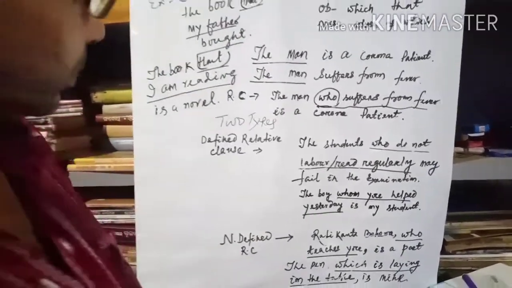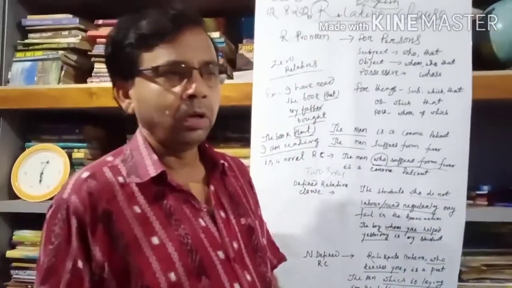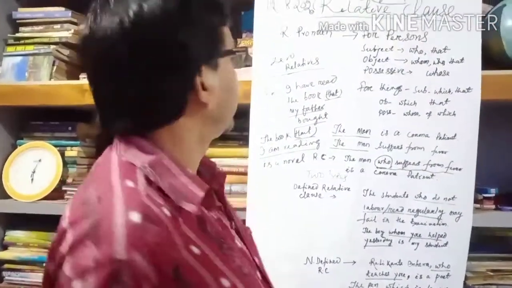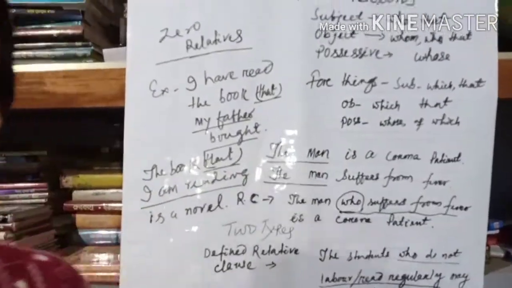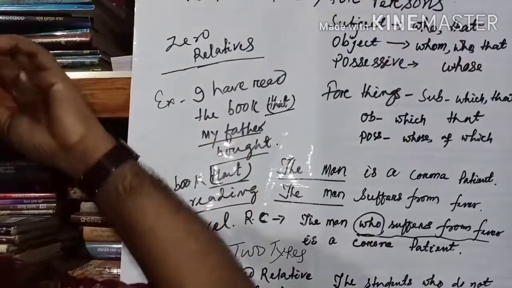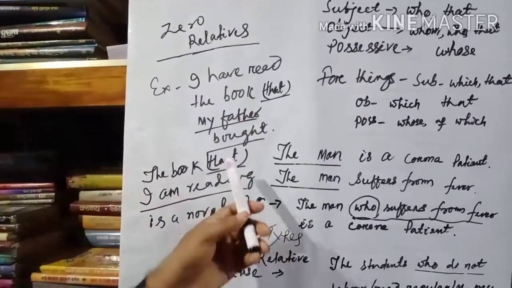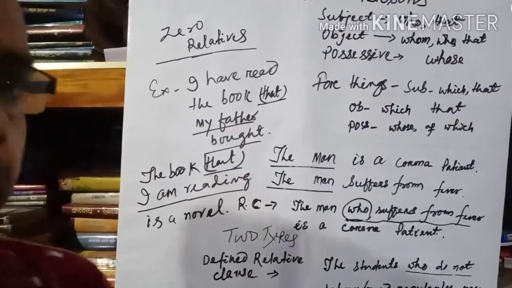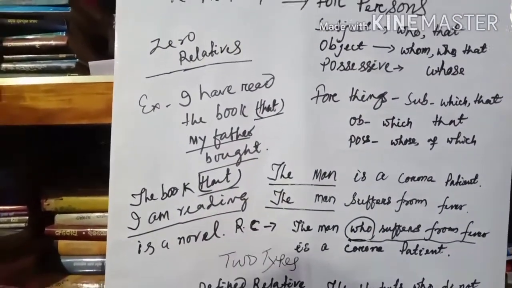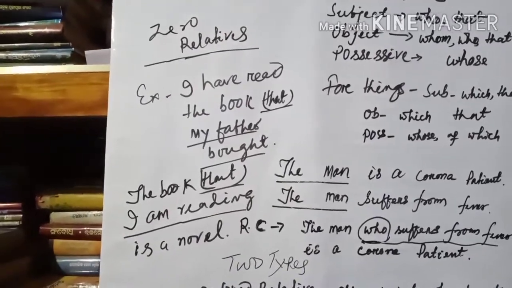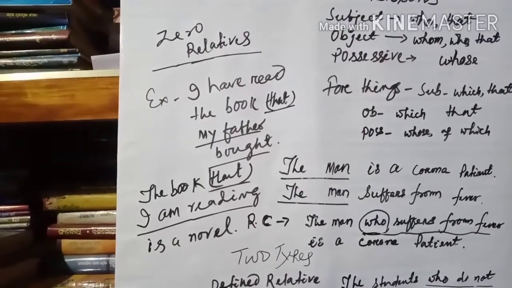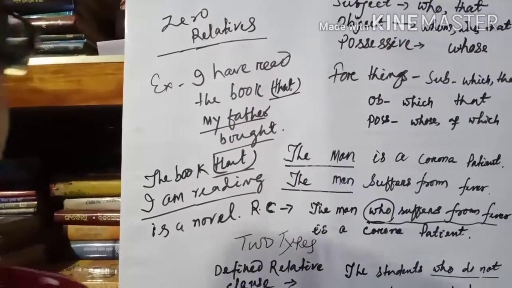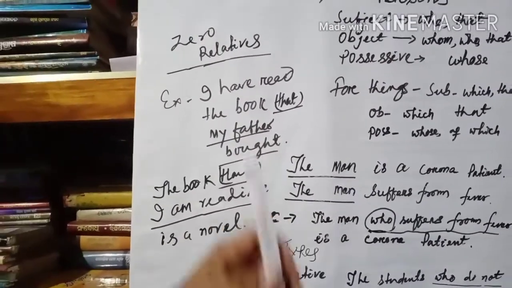Okay. Next, another important discussion in your topic is the zero relatives. What is the zero relatives? Zero relative means the relative pronoun is optional here, and we may drop the relative pronoun without any loss of meaning to the sentence.